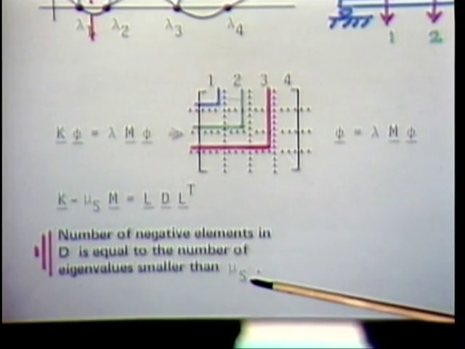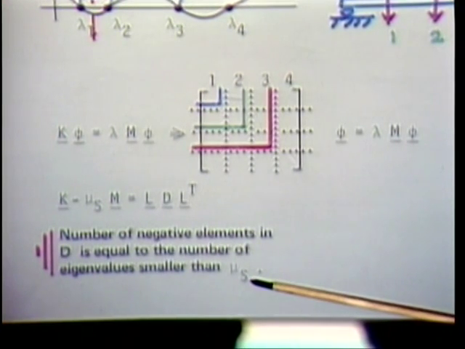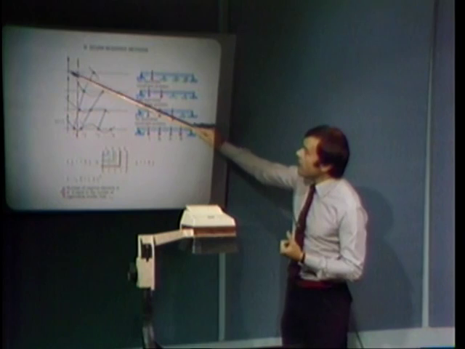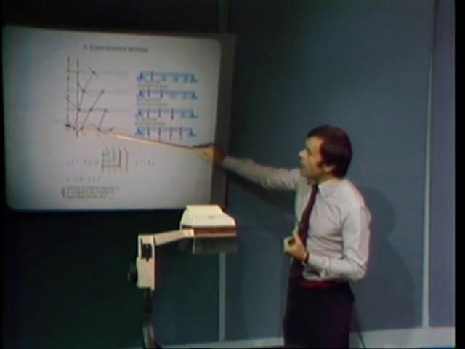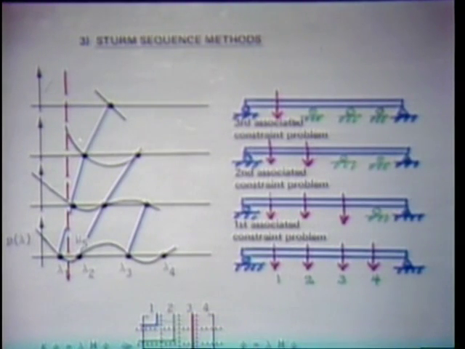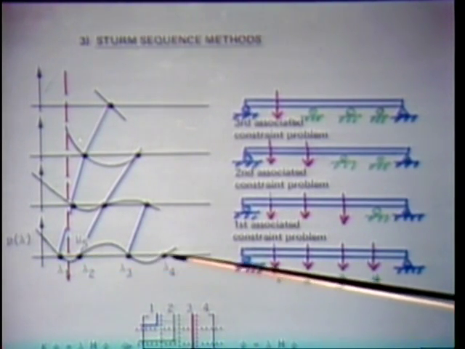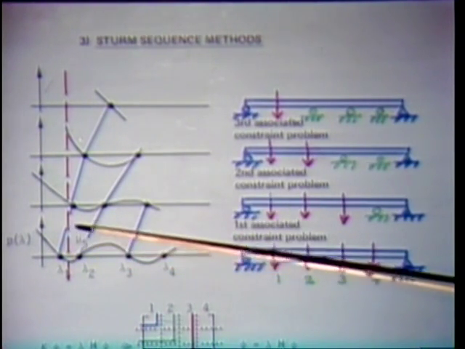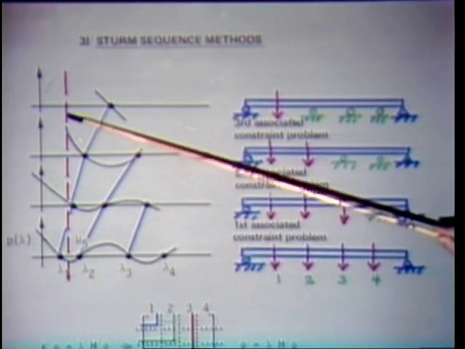A very important point. Let us look at this example here of the 4×4 matrix. Here we have plotted the characteristic polynomial of this 4×4 matrix, with that M matrix of course, drawn along here. 4 eigenvalues. And I have put mu s here as the red line.